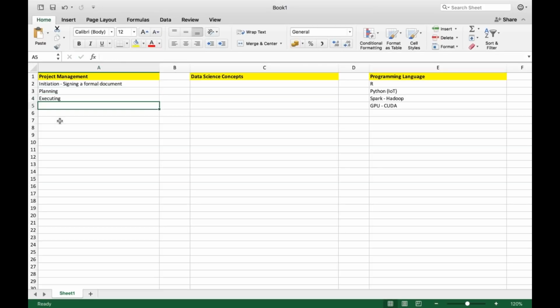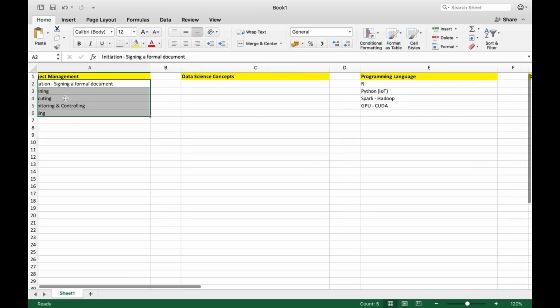Then throughout your execution, you'll also monitor and control the work. So monitoring and controlling will happen. And finally, you close the project. That's the closing part. So these are the 5 phases within traditional project management.